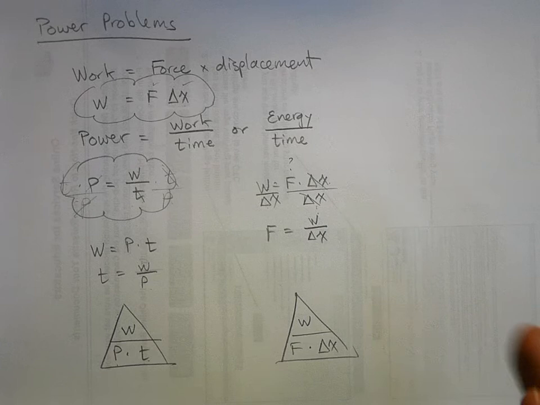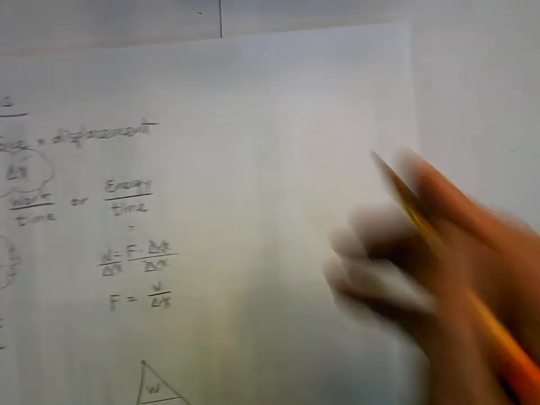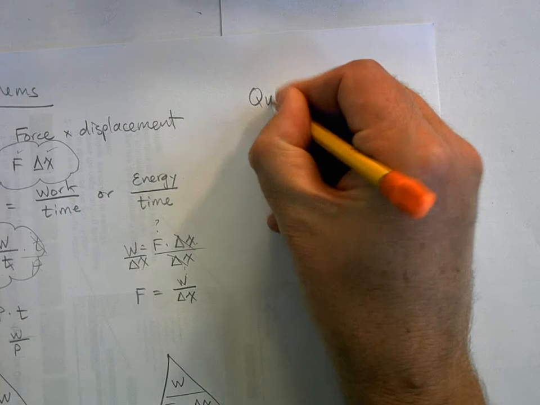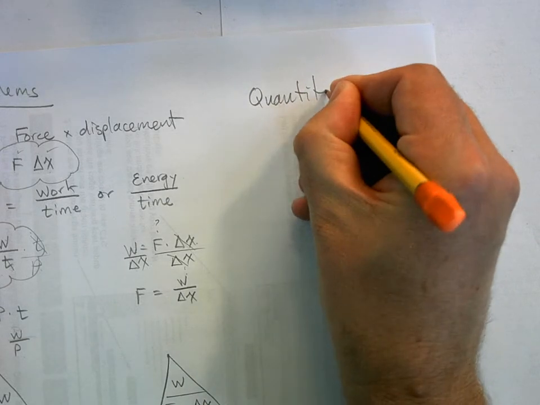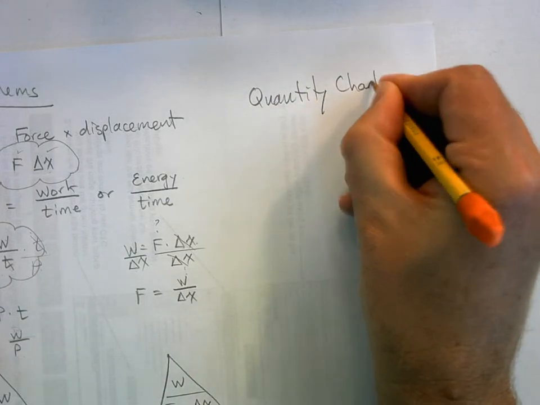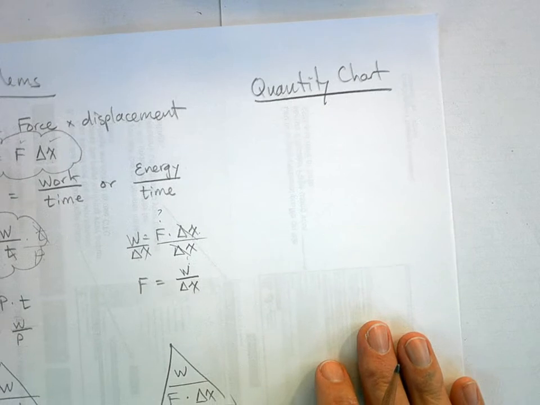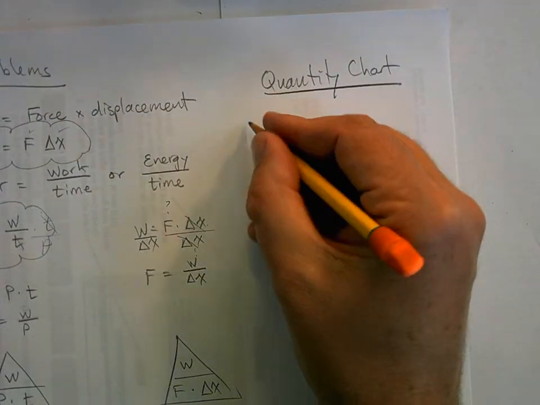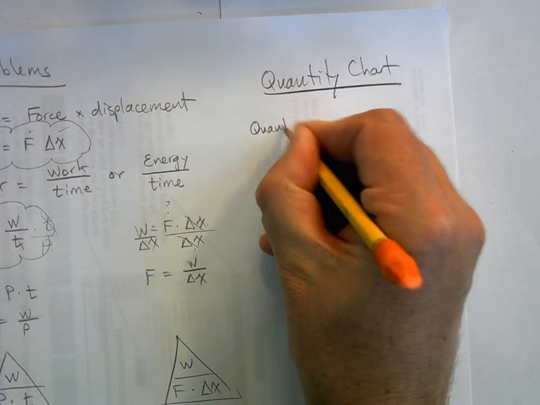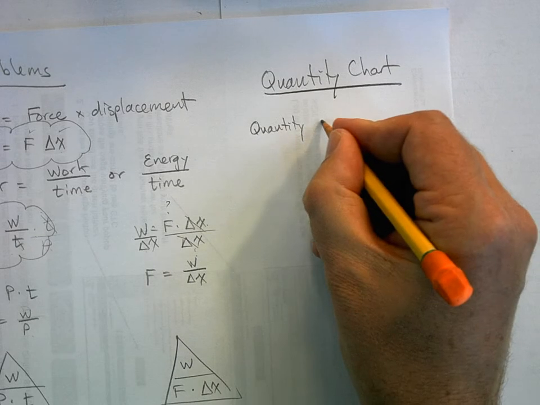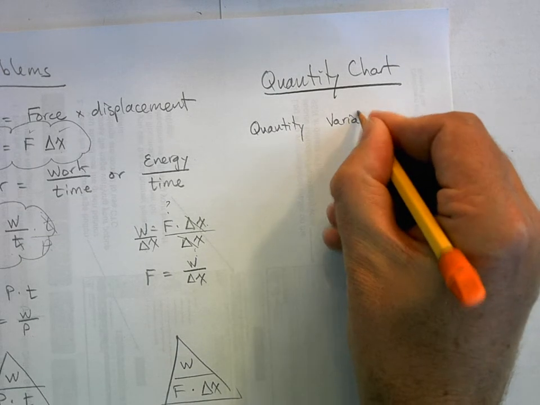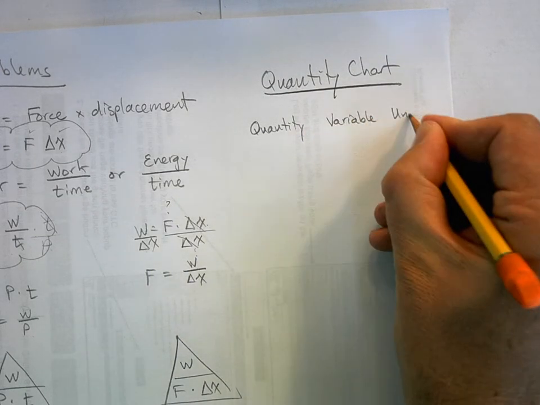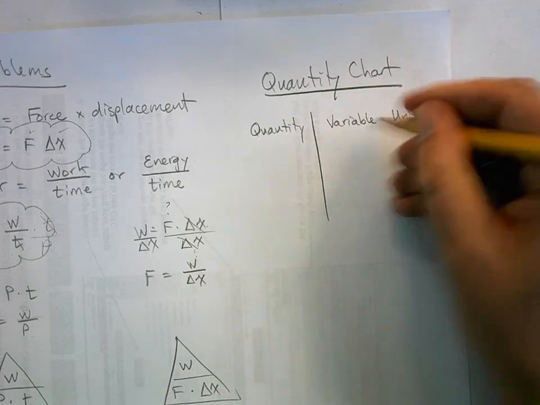And now that we've got work and power and so on, I'm going to create a little, I call it a quantity chart, and it helps you keep these things organized. So we want the quantity, the variable, and the units in my quantity chart.